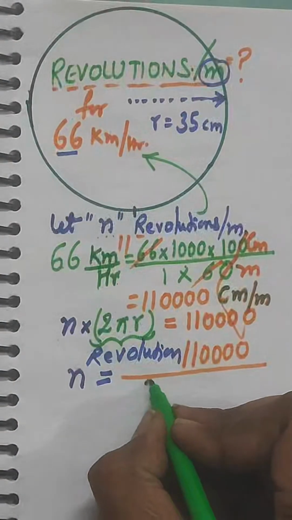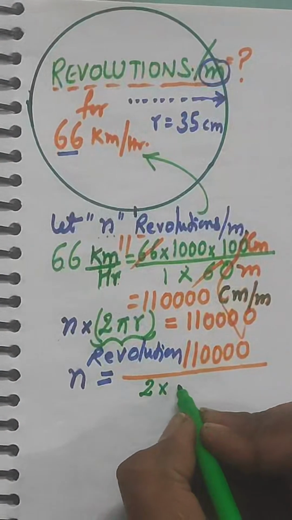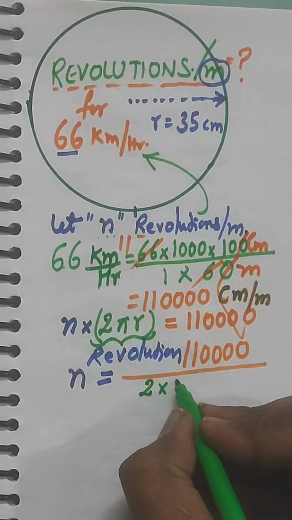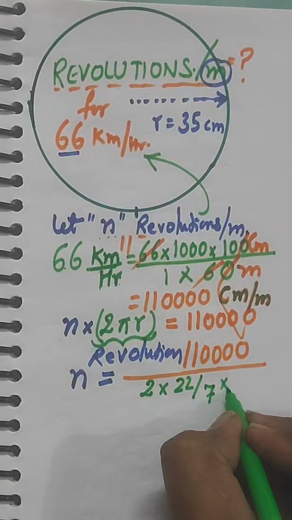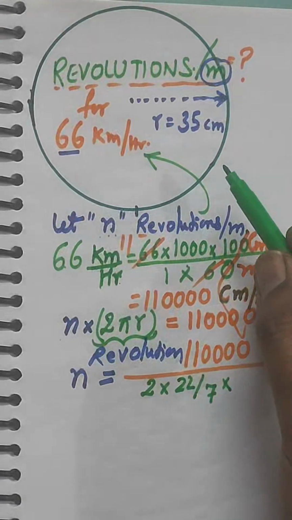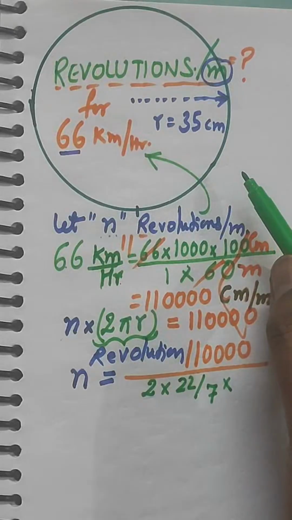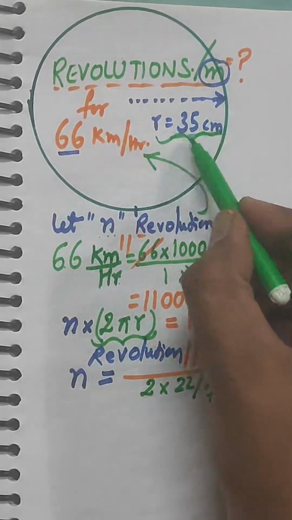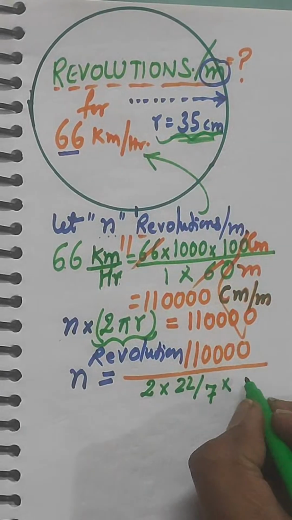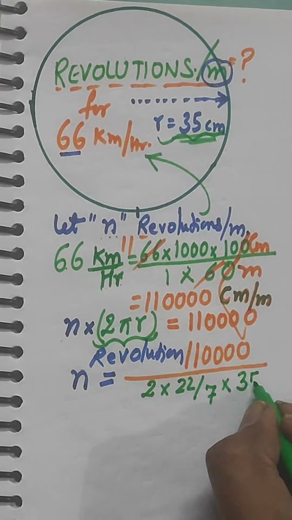that is 2 into 22 by 7 into r. It's given that the radius of the wheel of the motorcycle is 35. So just write 35 over here.